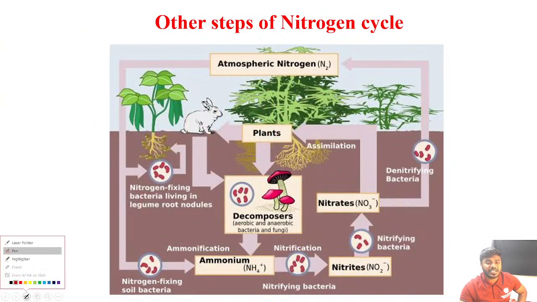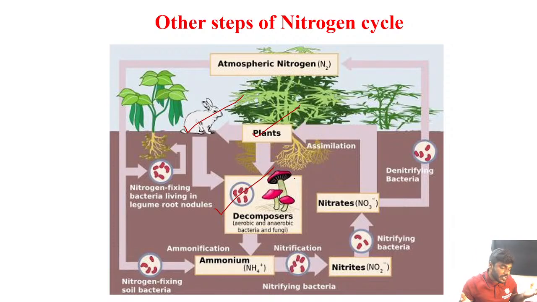So friends, now what is all developed? Now you try to understand. Plant benefited, animal benefited, decomposers also benefited. Friends, from where have we taken the nitrogen? We have taken the nitrogen from the atmosphere actually. Is it? So friends, we have to send the nitrogen back to the atmosphere.